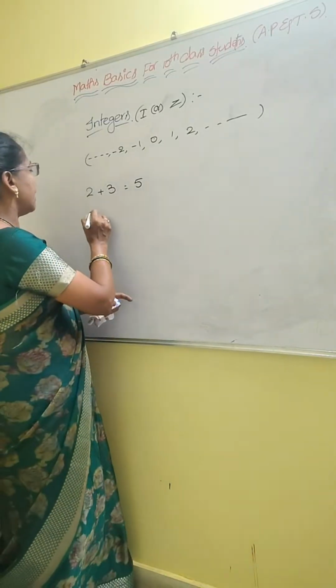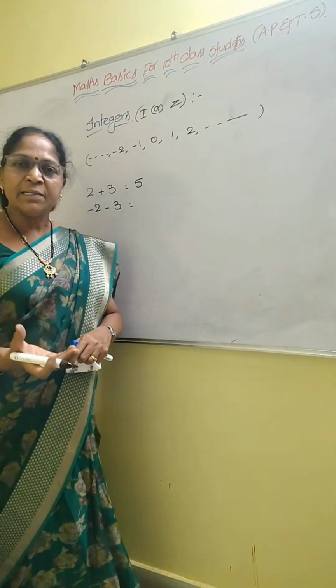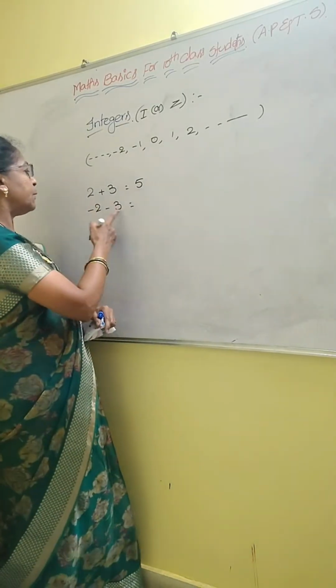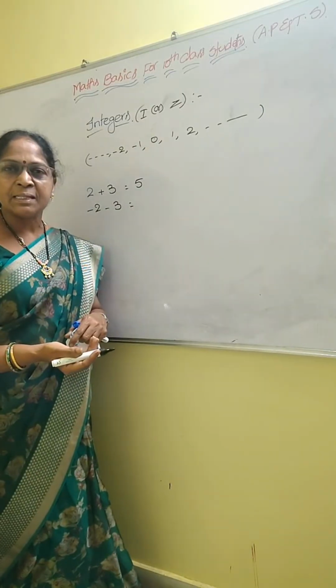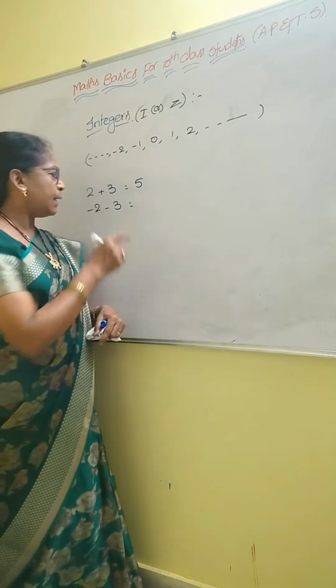But here, for example, minus 2 minus 3. Here both numbers are negative numbers. Then also you should add the numbers, but write the negative symbol.